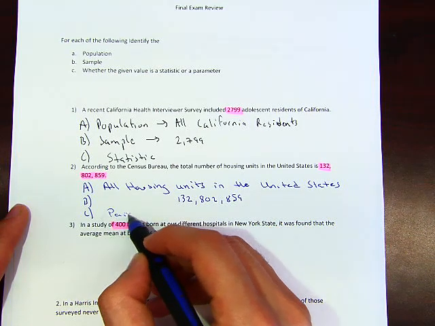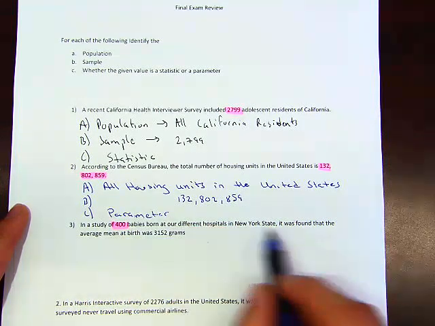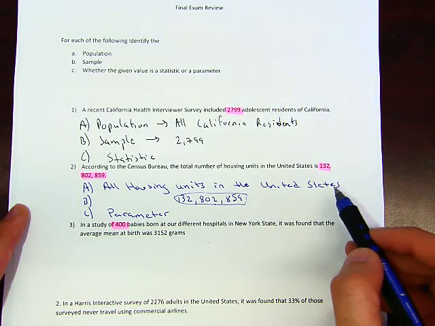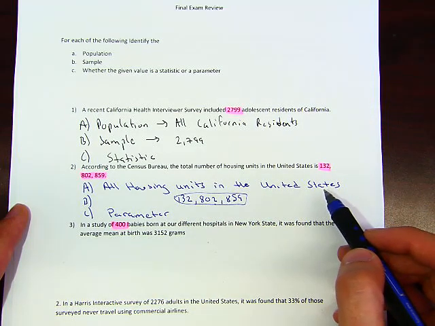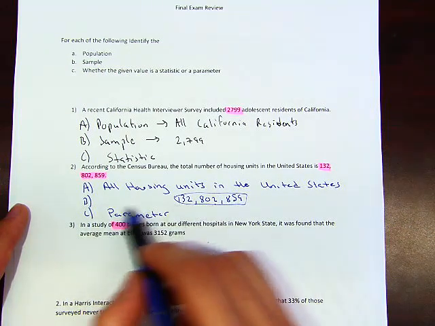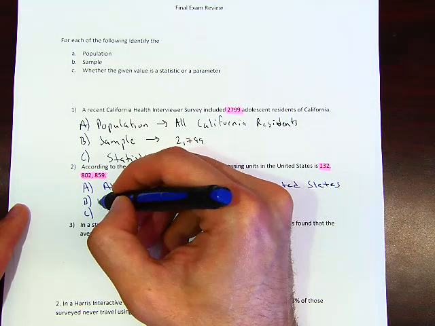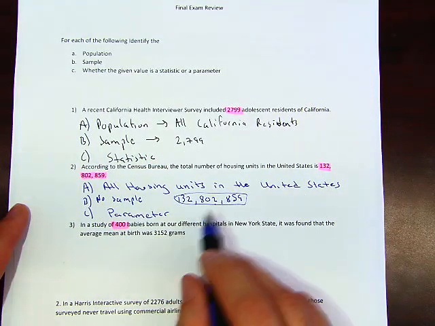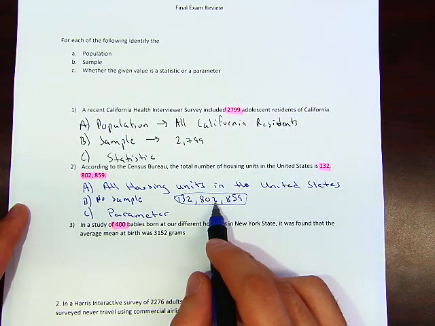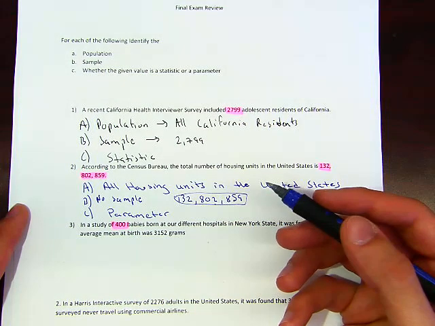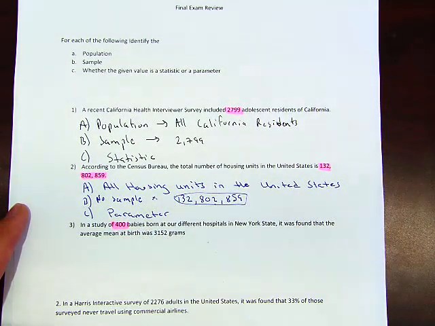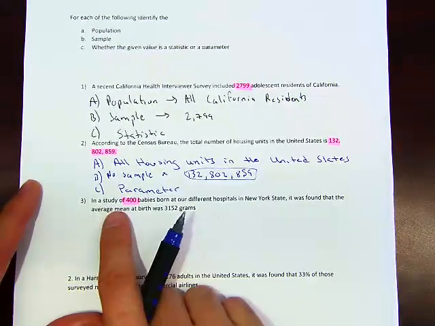This will have to be a parameter because this number refers to all the housing units in the United States. So is there a sample? I would say there's no sample, because if this refers to all the housing units, there's no sample being taken into consideration. So here I would say no sample. Let's look at the next part.